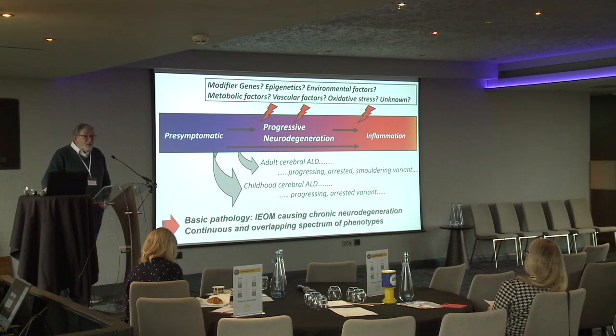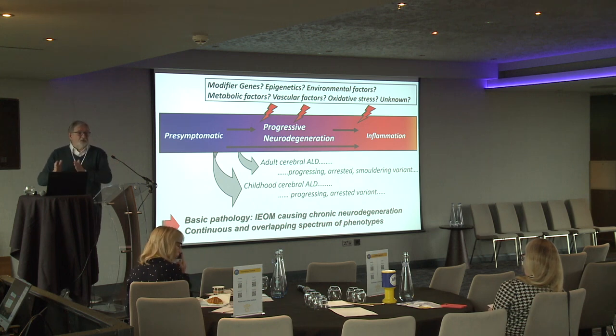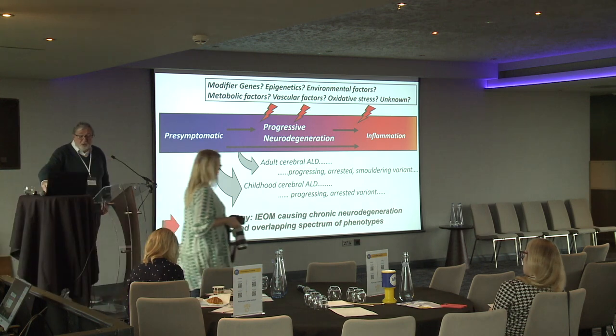But the basic problem I really want to emphasize is that this disease is an inborn error of metabolism causing a chronic neurodegeneration. Second, we have a continuous and overlapping spectrum of phenotypes. So it may not be so important just to categorize the patients into a certain category, AMN or cerebral involvement or whatever. It's a continuous progression of the disease with the underlying neurodegeneration.